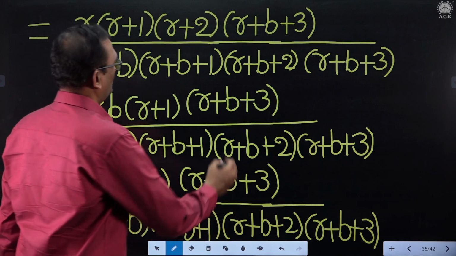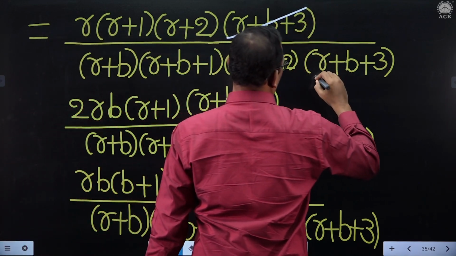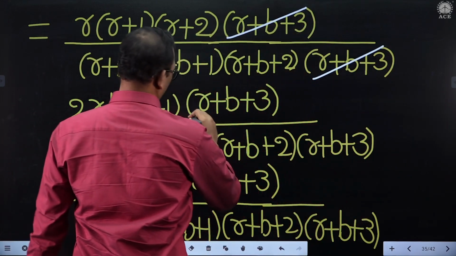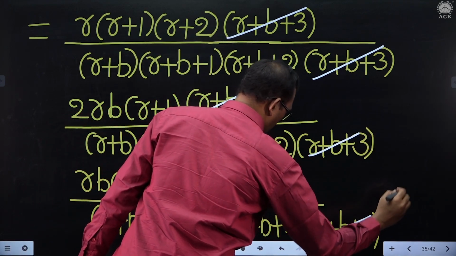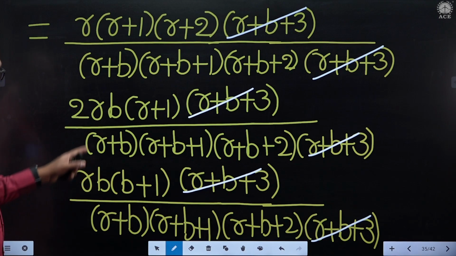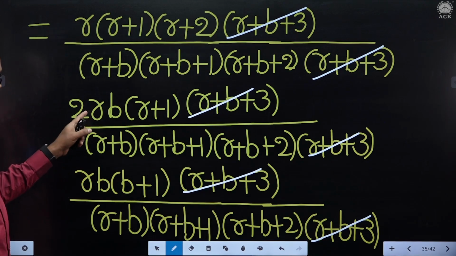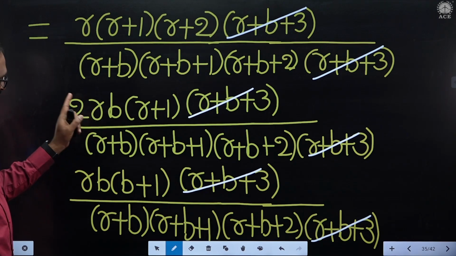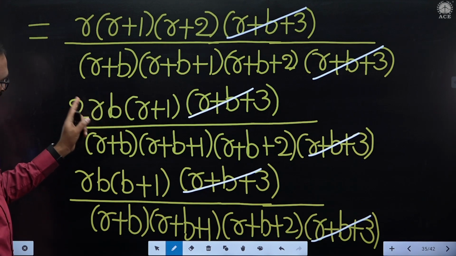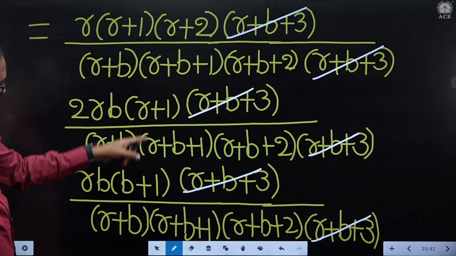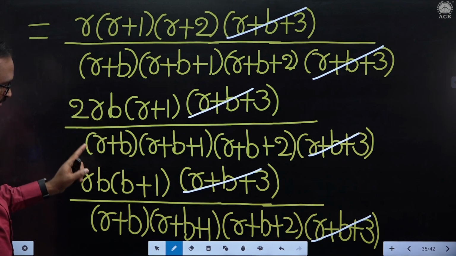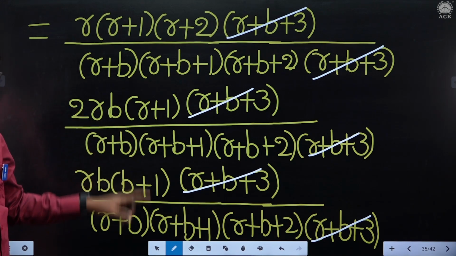Observe, numerator r plus b plus 3, denominator r plus b plus 3, they cancel each other. But here 2r is there, so write this 2rb r plus 1 as rb r plus 1 plus rb r plus 1. From all the remaining terms, denominator r plus b plus 1, r plus b plus 2 is common.